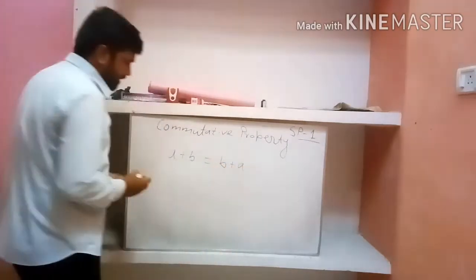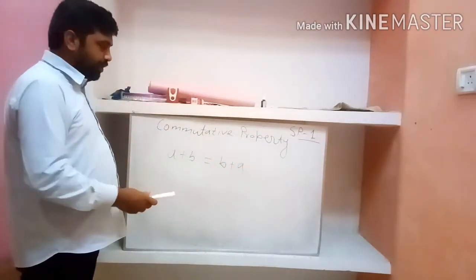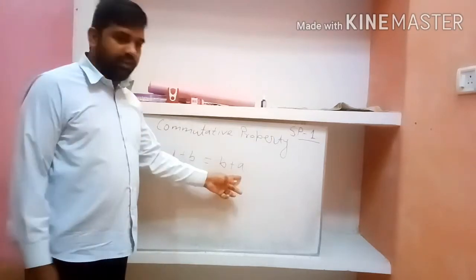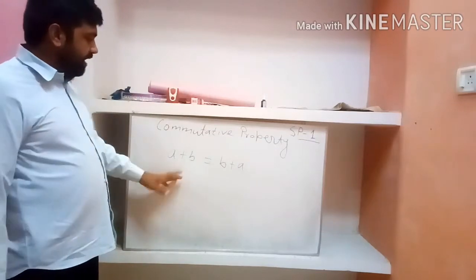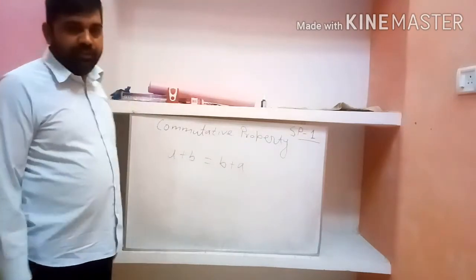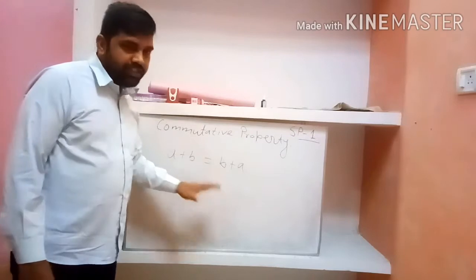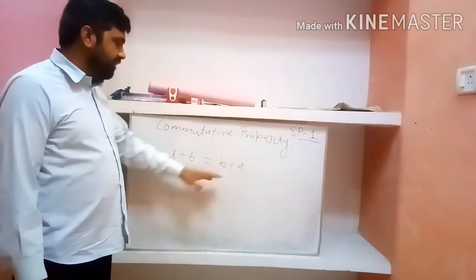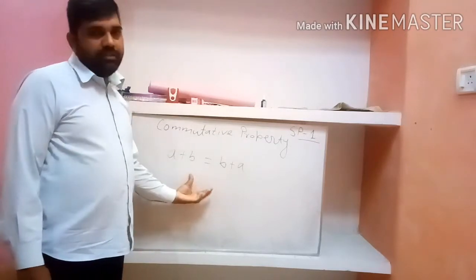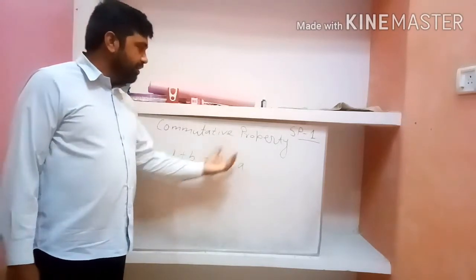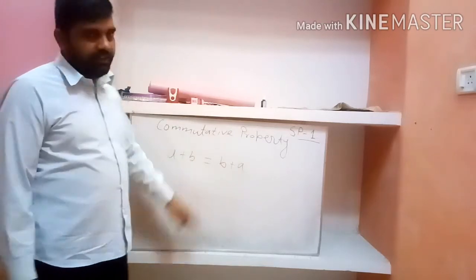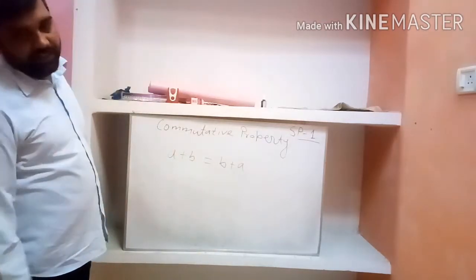Here you can see I have changed the position of the addends: here a is on the left and here a is on the right. By changing the position of the addends, the sum does not change. That property is called the commutative property. So addition of two integers follows the commutative property.